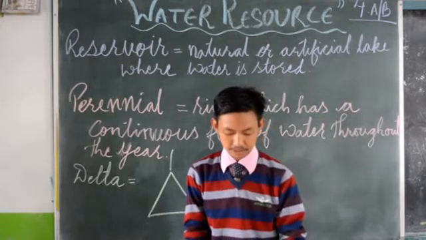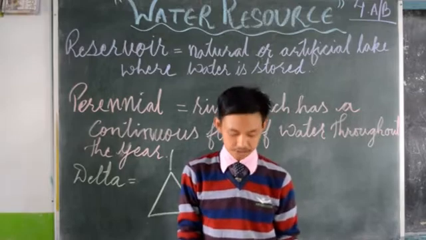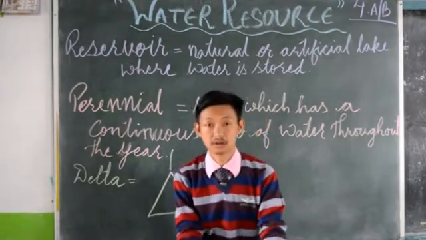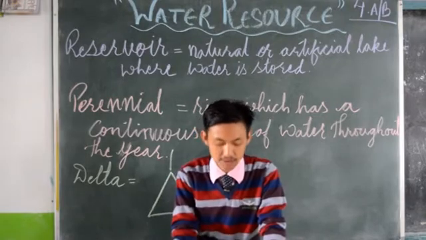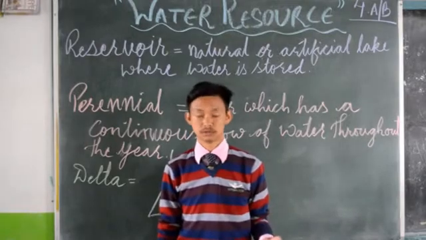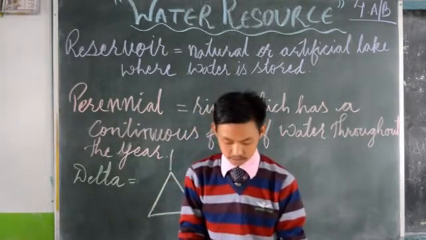So water can be obtained from a number of natural sources such as rainfall, reservoirs, rivers, oceans, seas, streams, ponds, tanks, lakes, groundwater and springs.